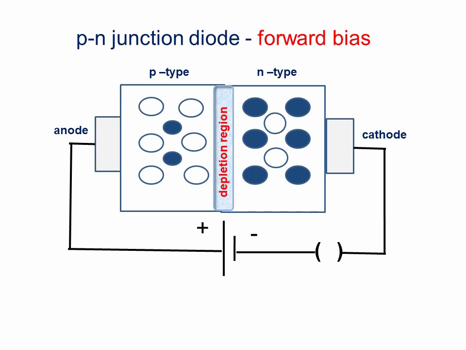Now, the circuit is switched on. The electrons from the negative terminal of the battery reach the cathode. At the same time, the holes from the positive terminal of the battery reach the anode.